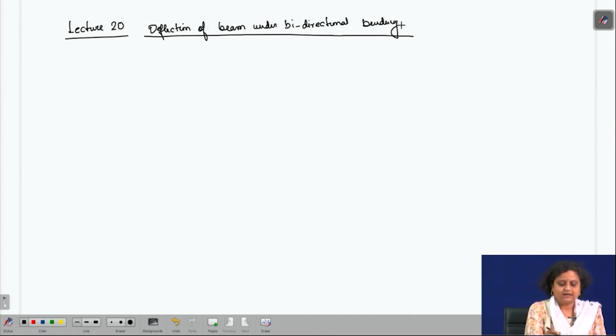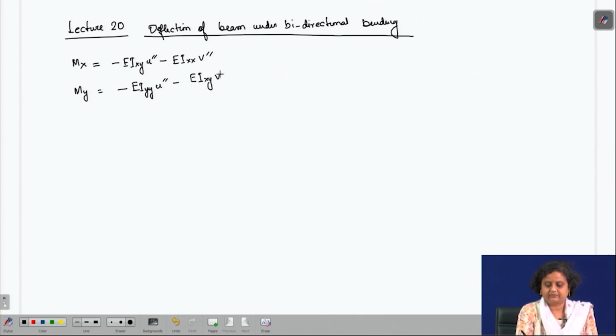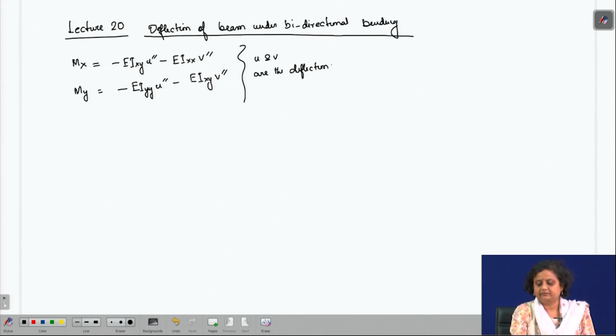So, we have found out that you can write Mx as minus E Ixy u double dash, where u and v are the deflection of the beam in x and y directions.